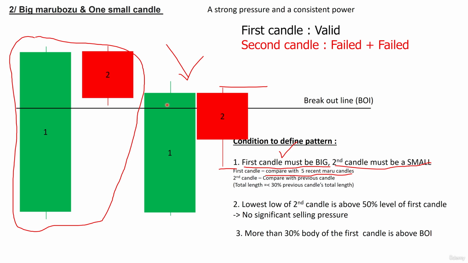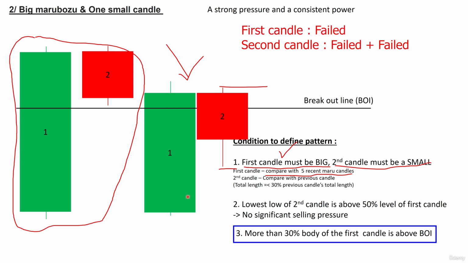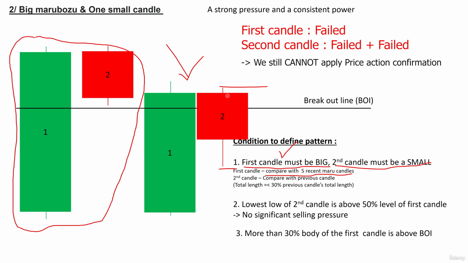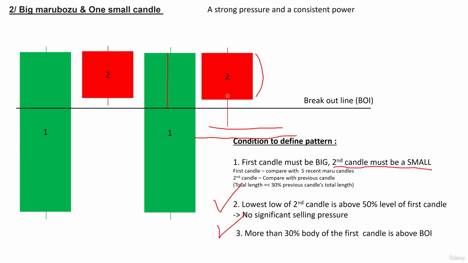Therefore, at this time, from this condition, the first candle right here is failed also. Therefore, for the pattern on the right side right here, all the candles are failed. Therefore, we cannot apply price action confirmation for this pattern, and we can only apply price action confirmation in case one candle is failed.